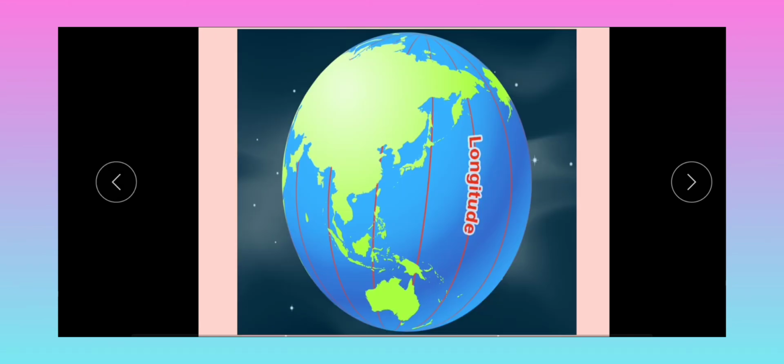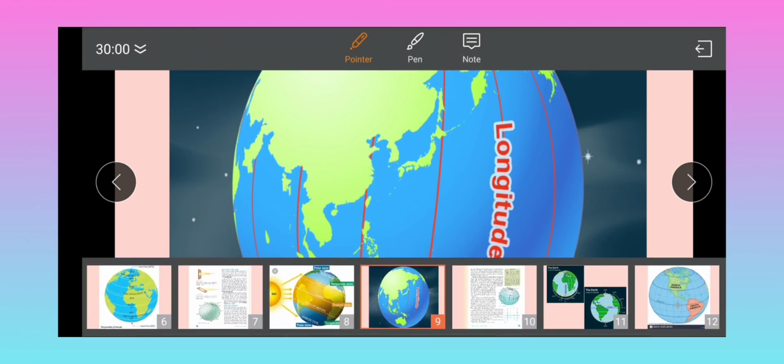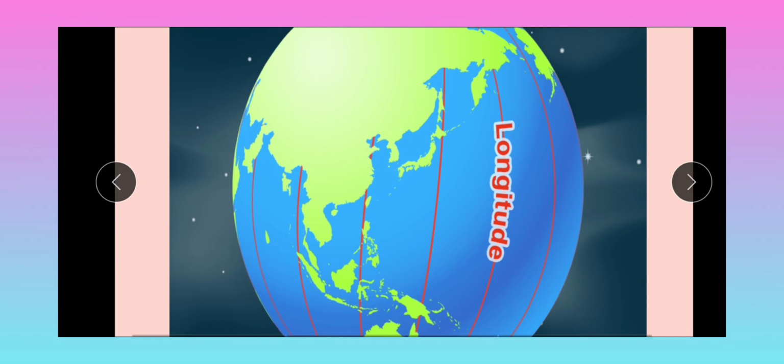Okay, so here, between two longitudes there is a 4 degree difference. When our earth is rotating, from one longitude to the second longitude, the earth moves 4 degrees. Okay, so that's why our earth moves 360 degrees in a day, and it is divided by 4, that is 24.